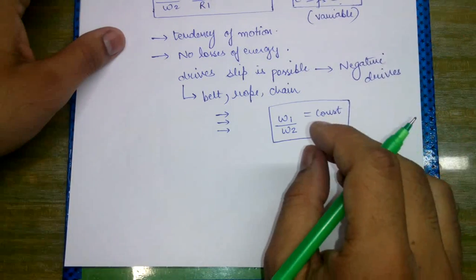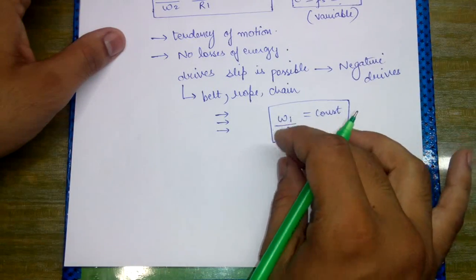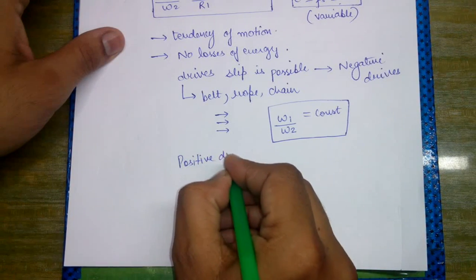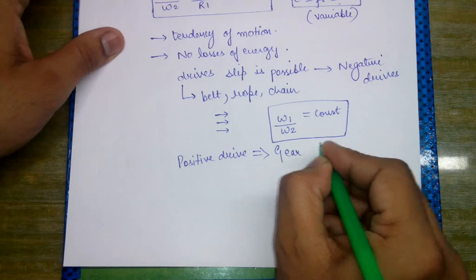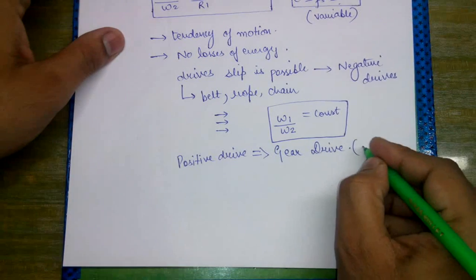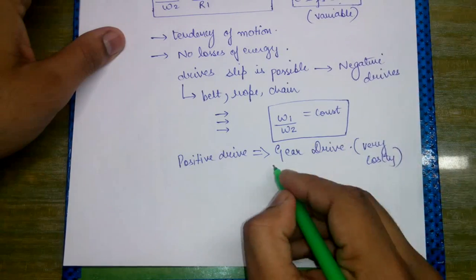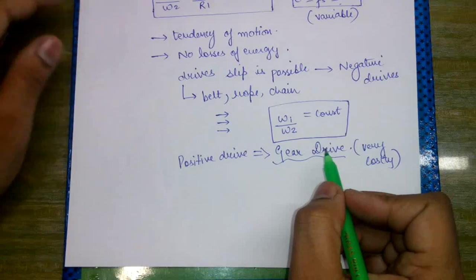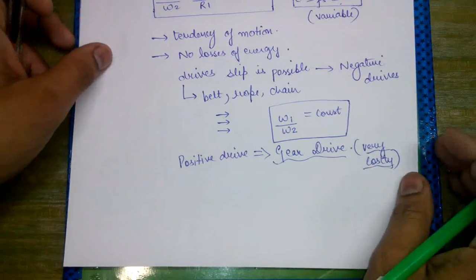And those systems in which the slipping is actually impossible, such systems are called as positive drive, or in general we will call them as gear drive. But these are very costly. Where slip is not possible, we will be dealing with gear drives, and gear drives are quite costly.